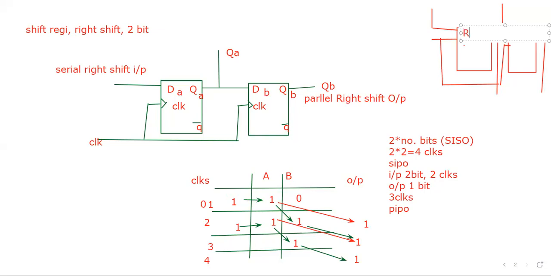Otherwise, if it is say an RS flip-flop, here it is Q, it is again R and Q. So here there should be S, Q bar, S, then Q bar, then again S and Q bar.